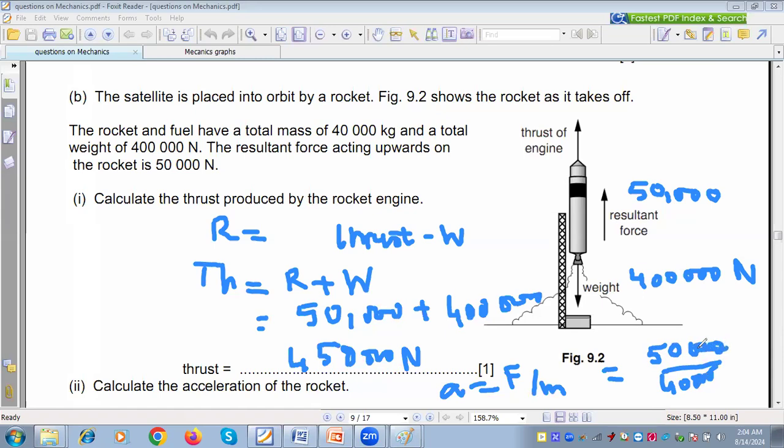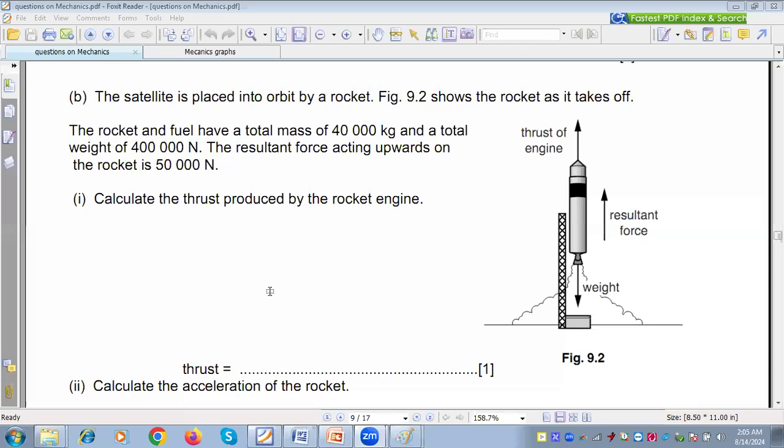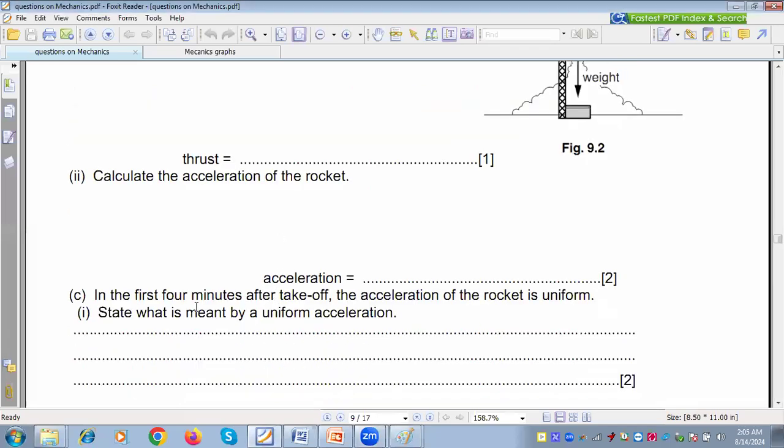So the answer will be 1.25 meters per second squared, unit must. So we have calculated the acceleration as well.